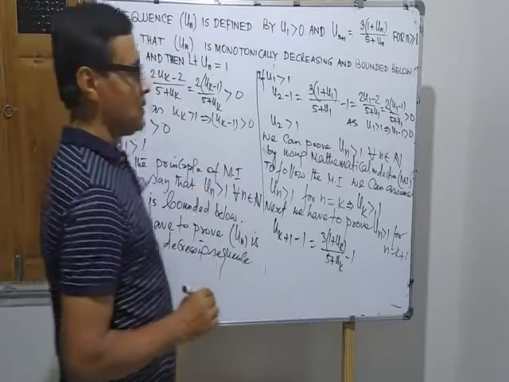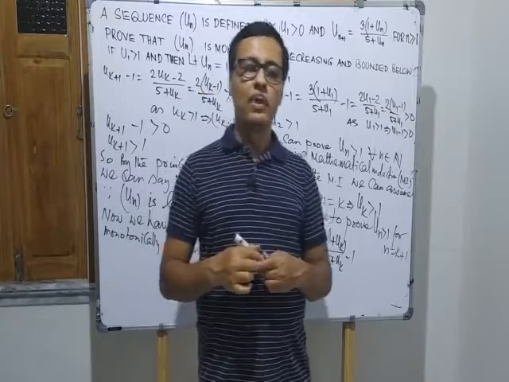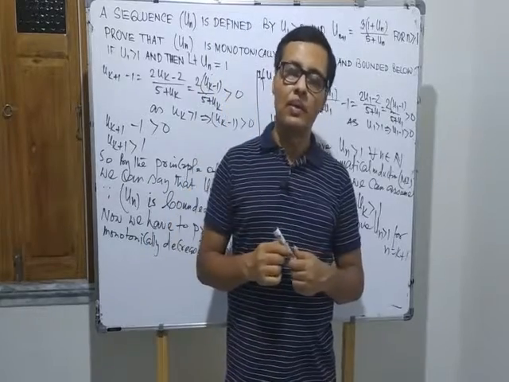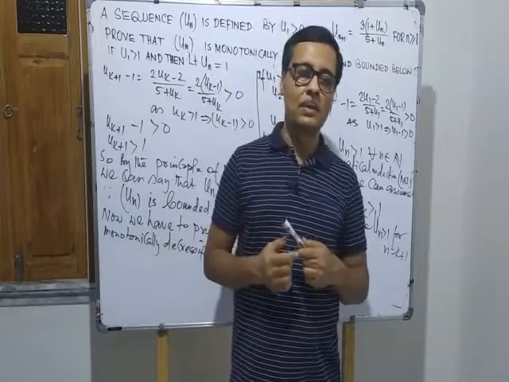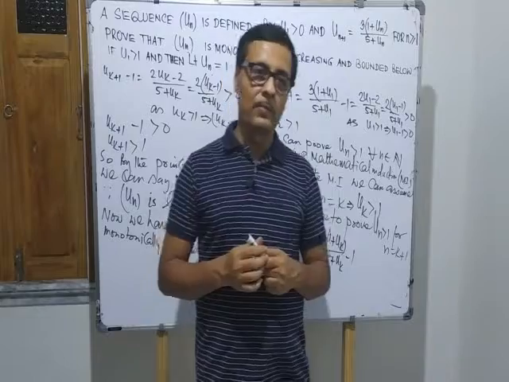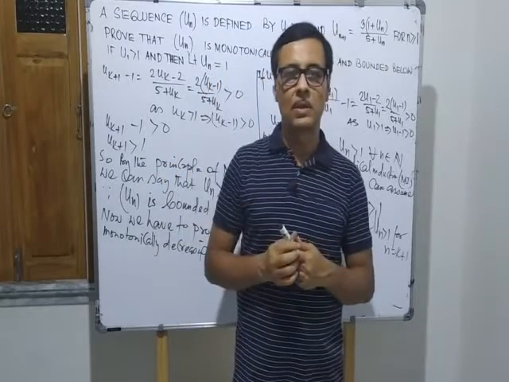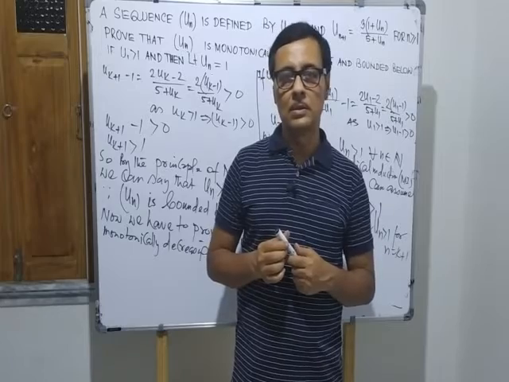What is a monotonically decreasing sequence? If u_n is monotonically decreasing, then u_(n+1) is less than u_n. If u_(n+1) is less than u_n for all n belongs to the set of natural numbers, then this sequence u_n is called monotonically decreasing sequence.